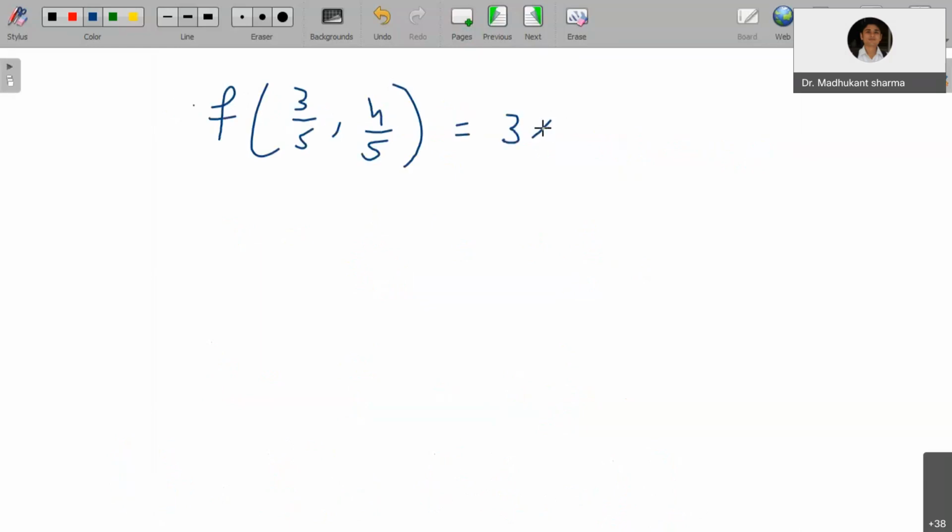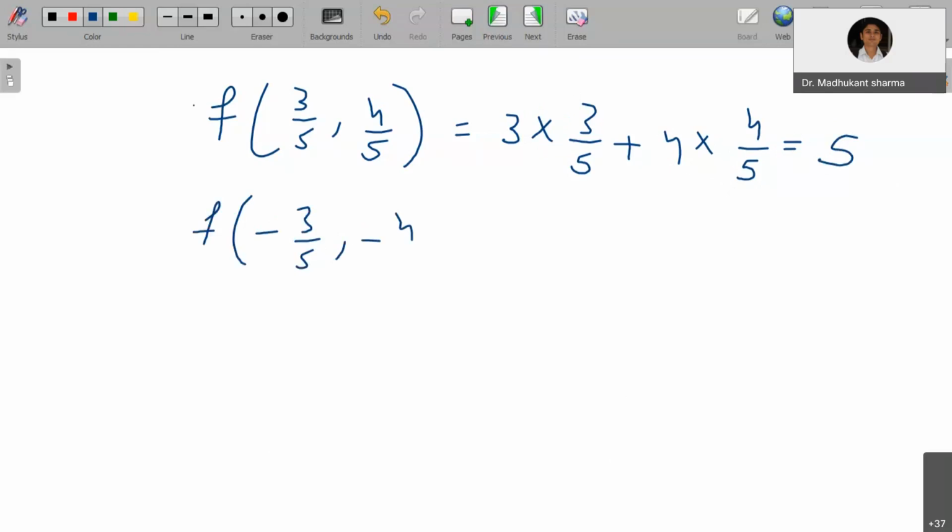So that's 3 times 3 by 5 plus 4 times 4 by 5, so 9 by 5 plus 16 by 5, that's 25 by 5, which is 5. And f of minus 3 by 5 comma minus 4 by 5, due to symmetry, on the negative side you will get minus 5 there.